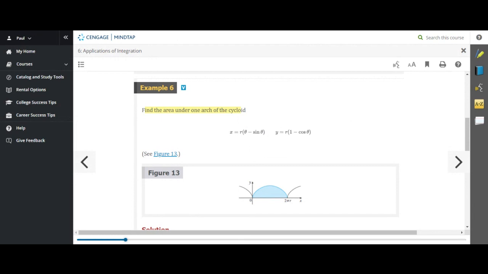Okay, find the area under one arch of the cycloid. So you're used to, well, I'll go back to the whiteboard here.